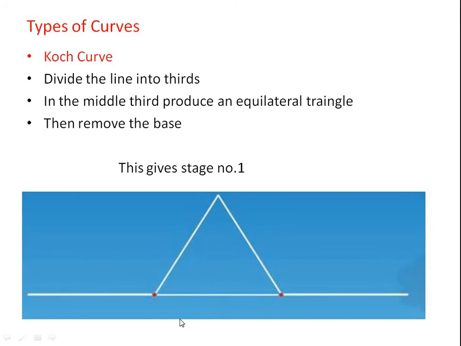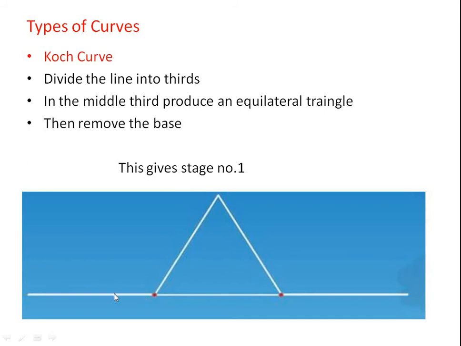By using this middle line segment we form an equilateral triangle. Then remove the base. After we form the equilateral triangle we have to remove this base, that is this line segment.